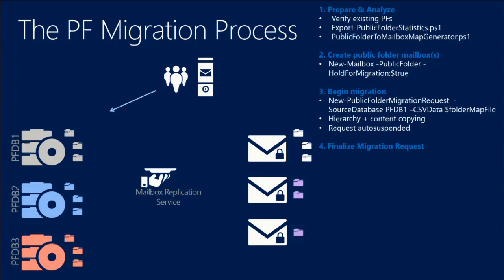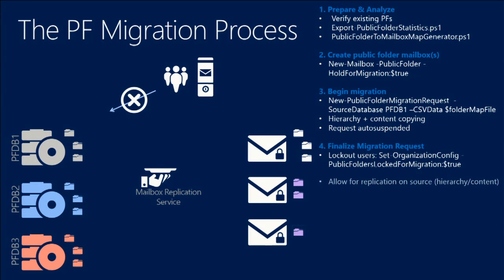When you want to finalize the public folder migration, you first need to log out your users. That's basically done using the following commandlet. So you just say public folders locked for migration true. And that provides you with the functionality that Outlook users cannot access public folders anymore.